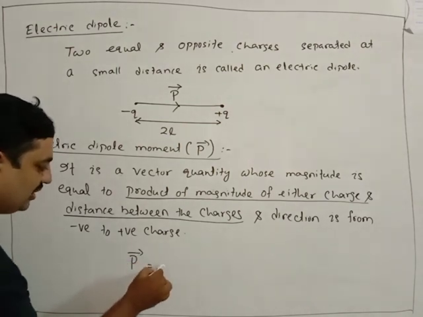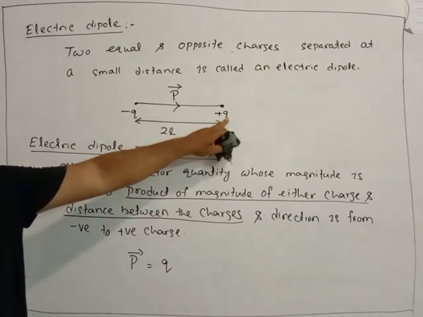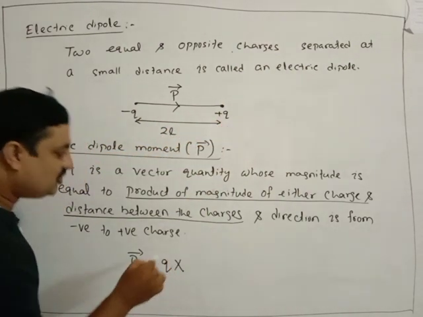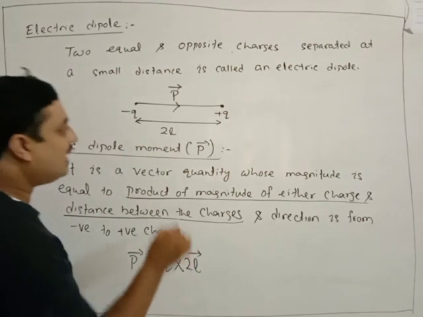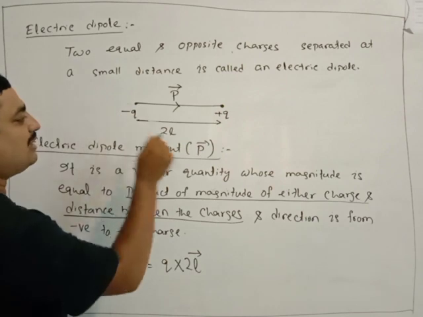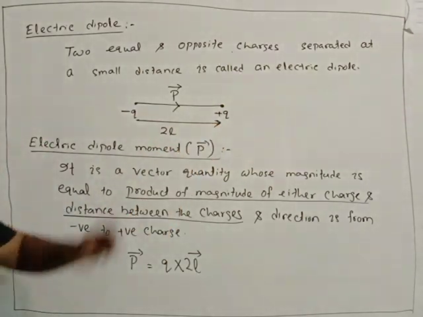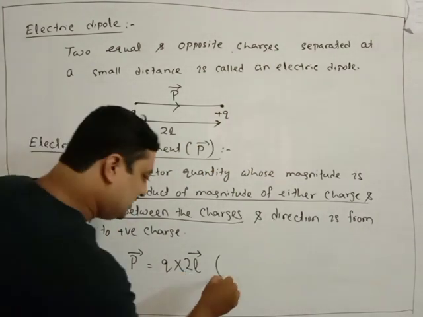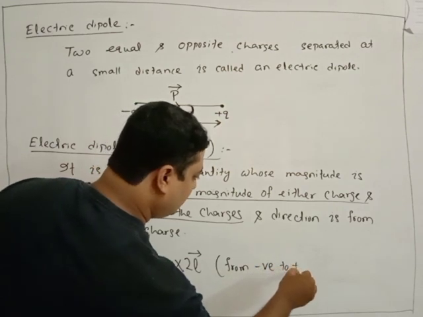So P equals the magnitude of either charge, which is q, times the distance between the charges, 2l. Now what is the direction of 2l? It is from negative to positive. So its direction is from negative to positive charge.